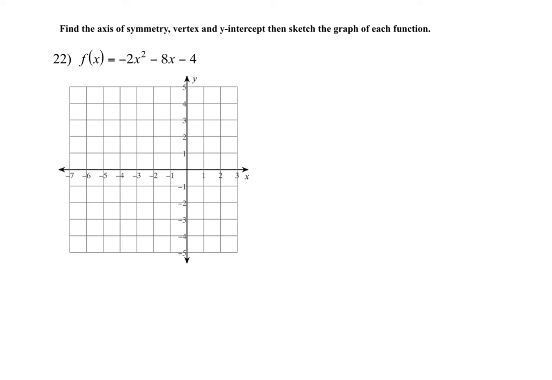And you can always do that by moving over 1 and paying attention to your A, and use that as a slope for your first movement away. Okay, so you have to remember these shortcuts for standard form. Your axis for standard form is negative b over 2a. Your vertex for standard form is going to be negative b over 2a.